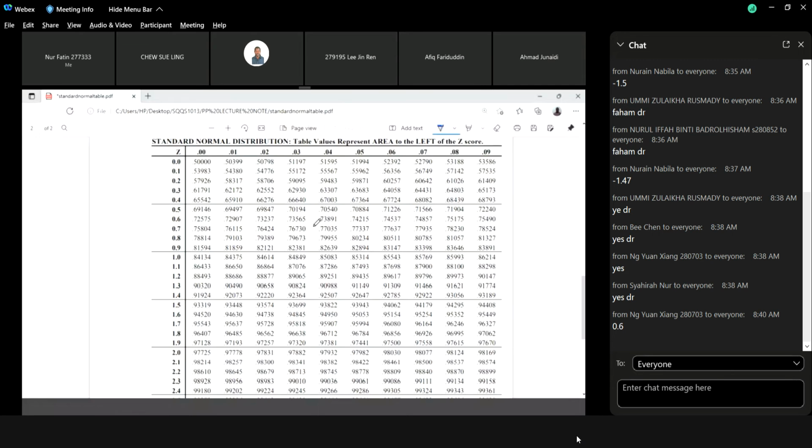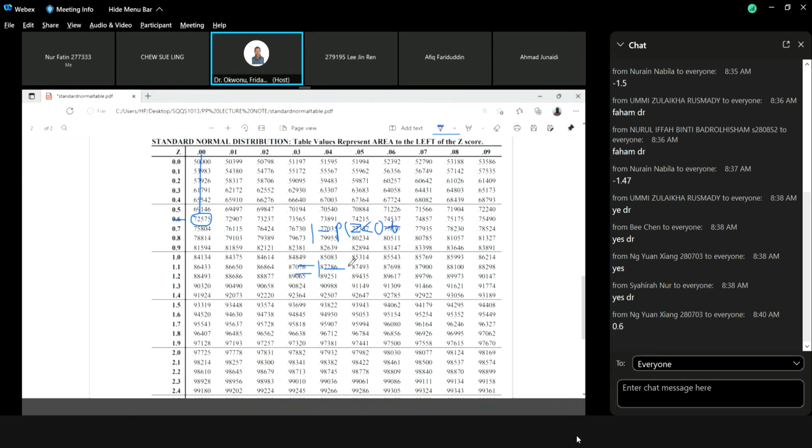So like what I said, we now say 1 minus P of Z is less than 0.6. Bring out your calculator. So here you're going to have 1 minus 0.6. This is 0.6. Okay, so this is the value.